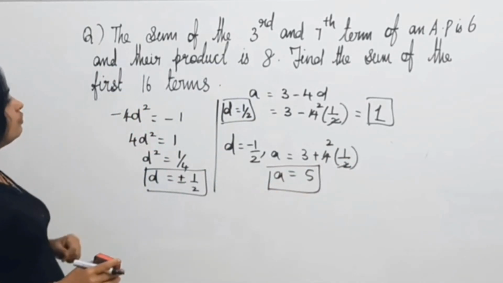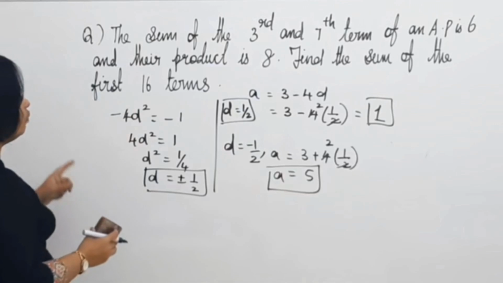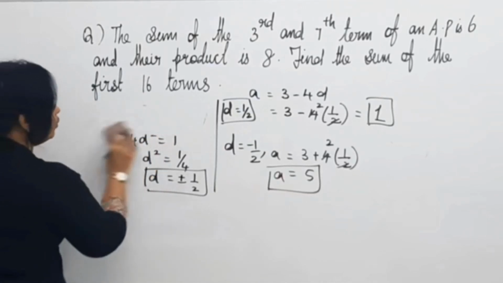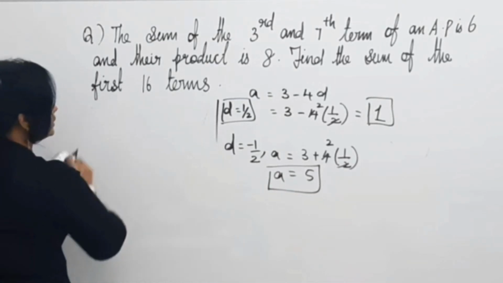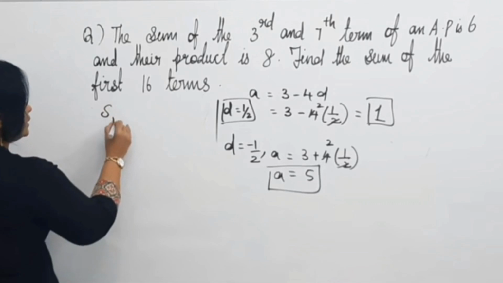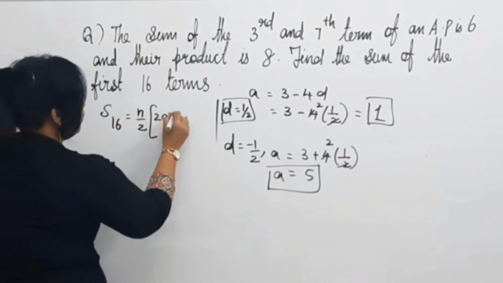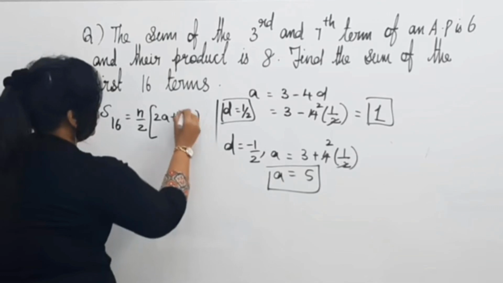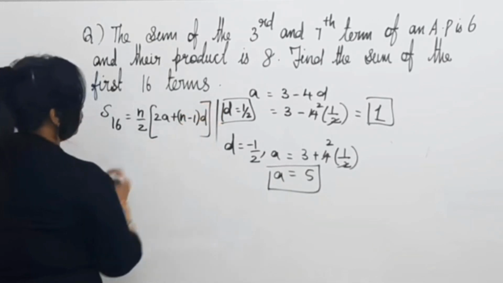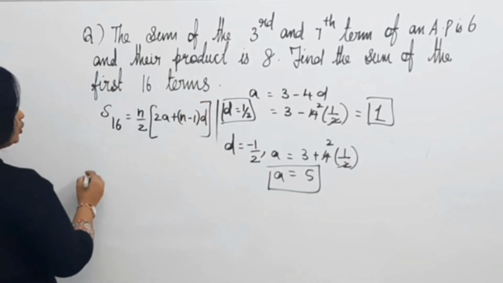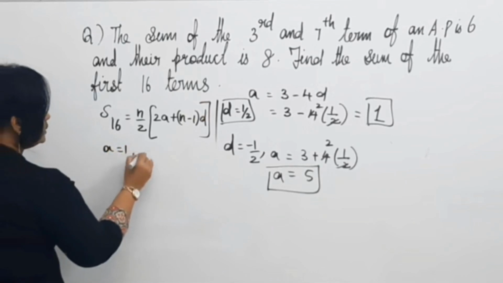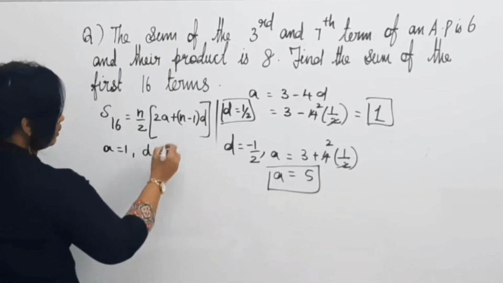Now, my question is find the sum of 16 terms. So, I have to get my S16. S16 is equal to n by 2 into 2a plus n minus 1 into d. So, I have a is equal to 1 always, but d I have two different values.